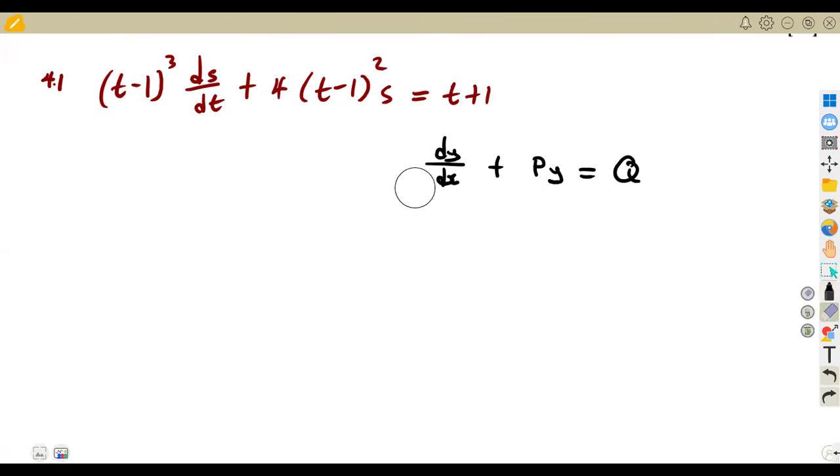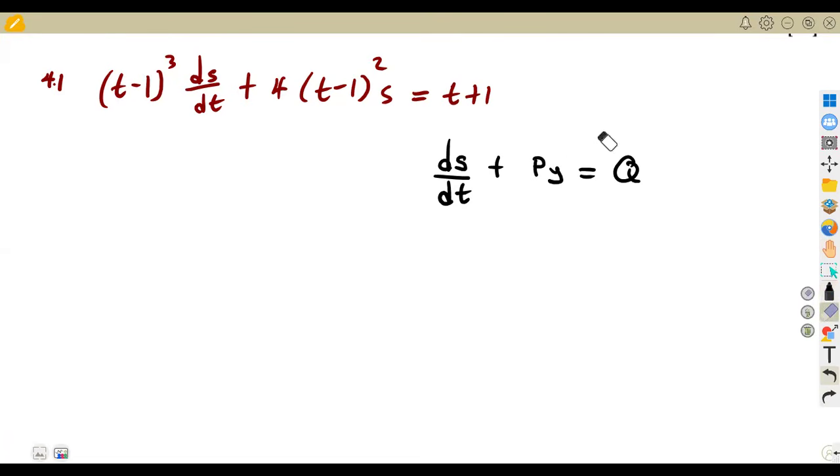So meaning to say we are going to have the derivative of s with respect to t plus P times y. The y that we have here was for dy/dx, but now it's ds, so this represents not y but s this time.